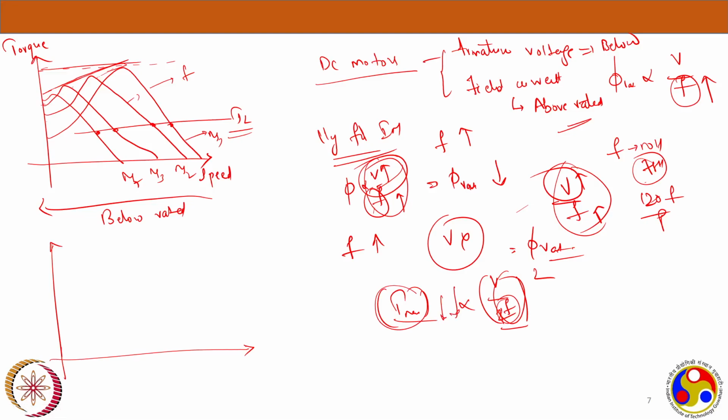Now for every curve of speed control above rated speed, you have to sacrifice the maximum torque as well, right? This is torque, and let's say you have some curve like this, T max.